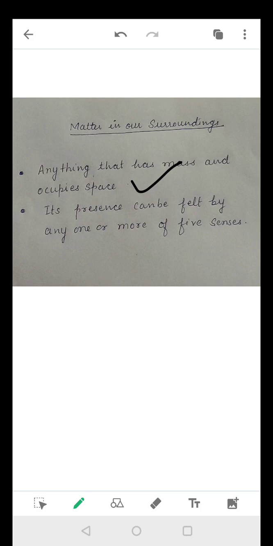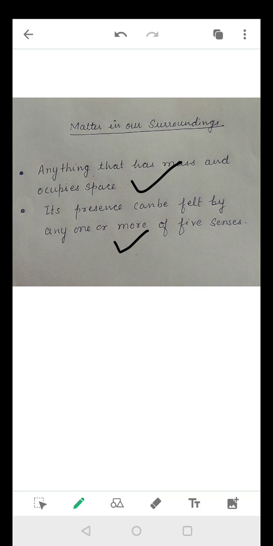Secondly, its presence can be felt by any one or more of your five senses. Clear? You can feel the presence. Right? Do you think air is matter? Yes, air is matter. Do you think perfume is also matter? Yes, perfume is also matter.